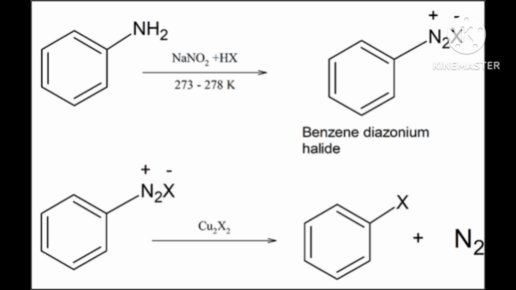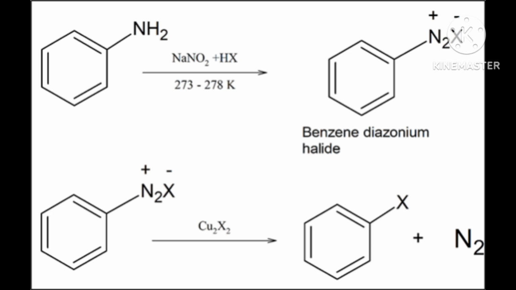Now this nitrogen, which has a positive charge, will go to the NH2 that was there. Then H went as H plus, leaving the electron, hydrogen gone as H plus, and its electron was with nitrogen.